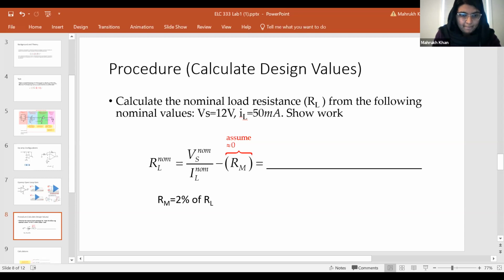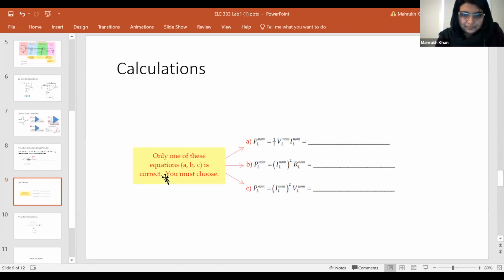Sounds good? Okay, so these are the calculations that I think you have to do, okay? Are these calculations in the document as well, or should I upload this slide? I will see that later. Yes, it's in the document.